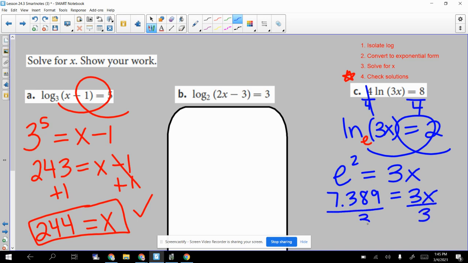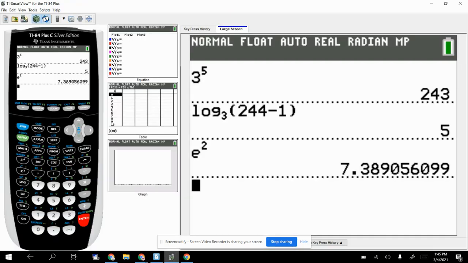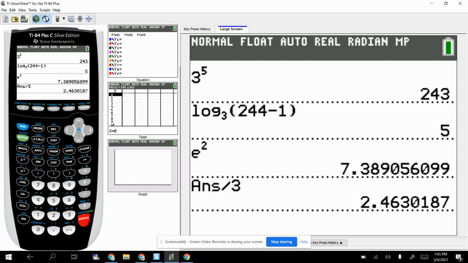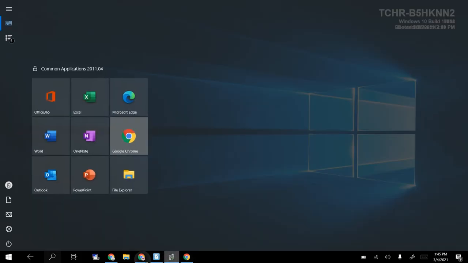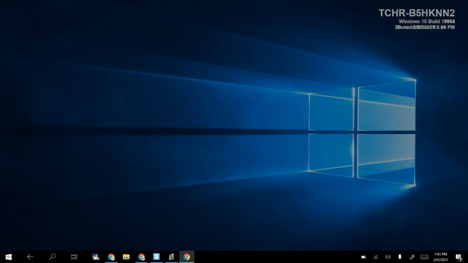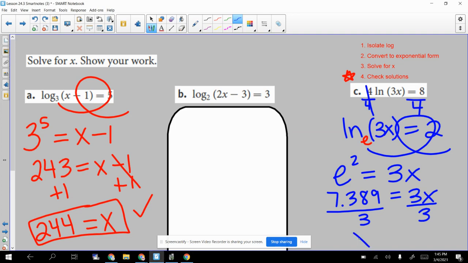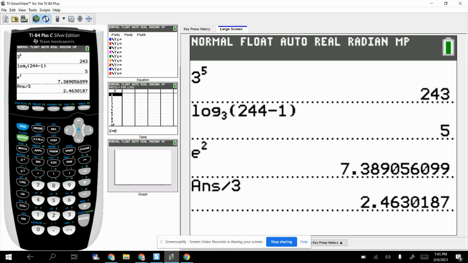So I'm going to go back to my calculator and just divide that answer by 3. And we should get 2.463. So x equals 2.463.